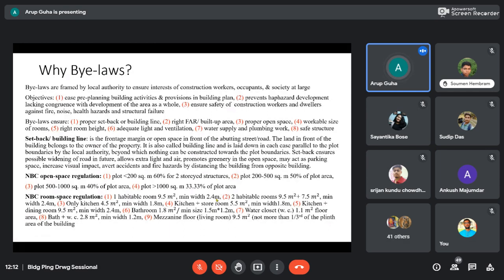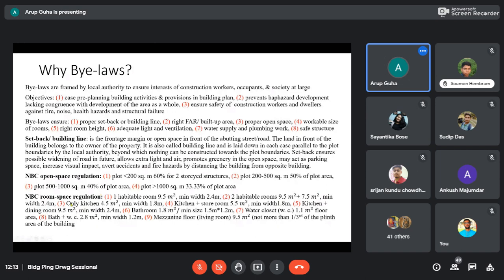The space for moving about is actually your... then the second could be further less, 7.5 square meters, but this 2.4 meters you cannot go below.